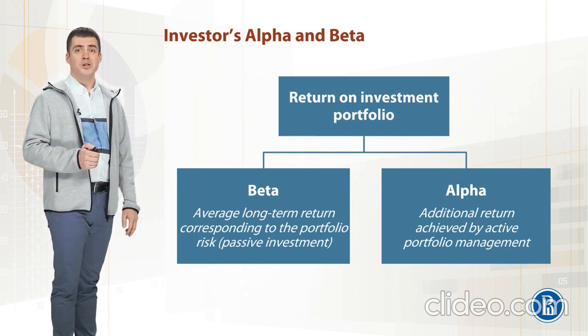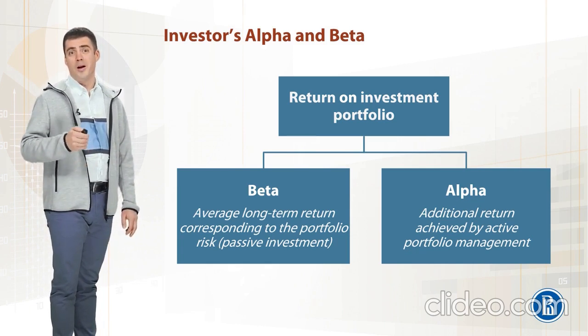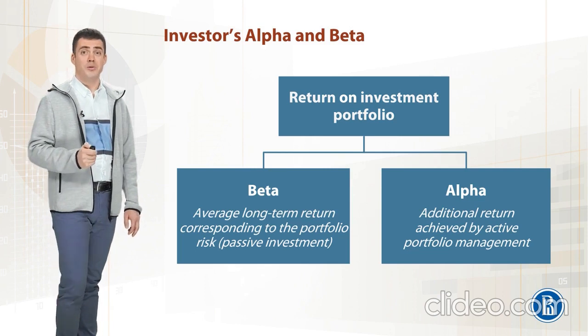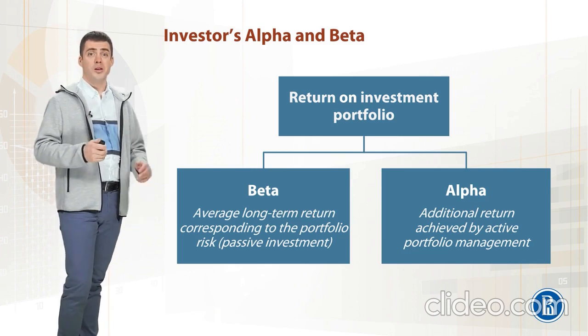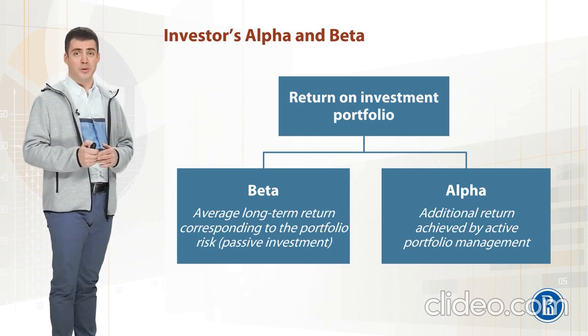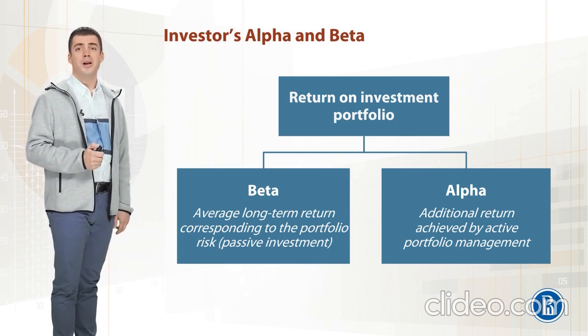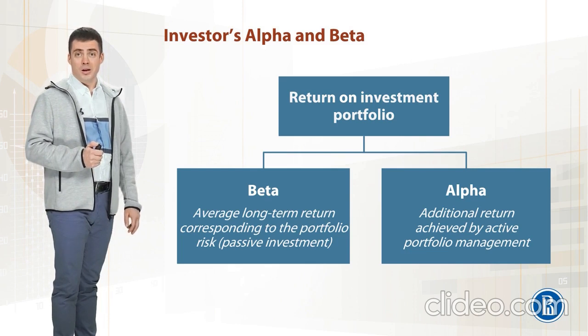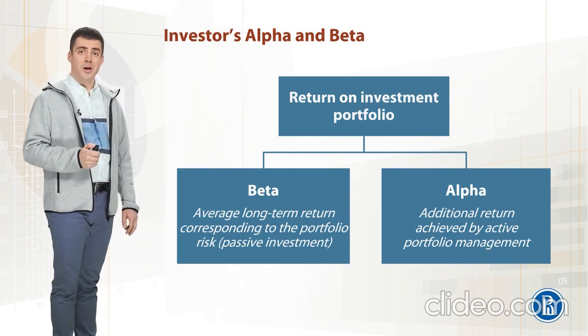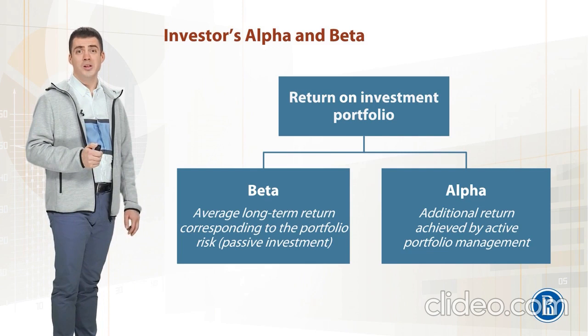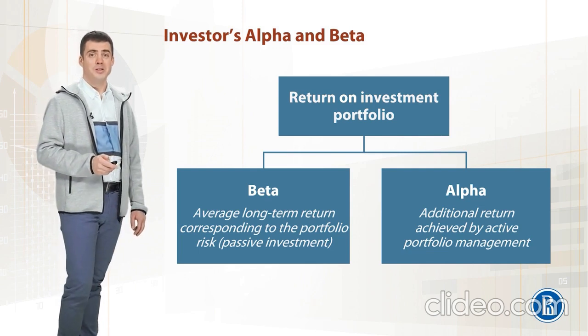Seeking alpha is one of the greatest incentives for traders and portfolio managers to seek underpriced stocks and include them into the portfolio. However, applying this strategy carries high risks because it's not so easy to outperform the market.